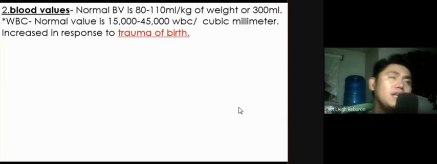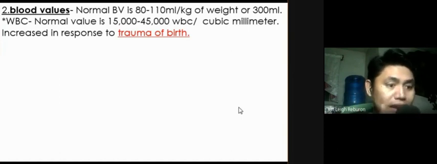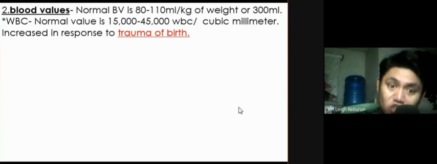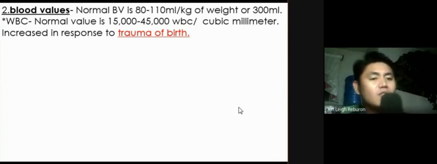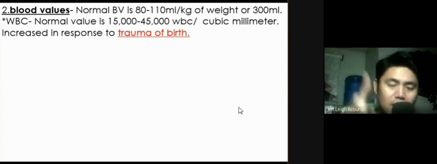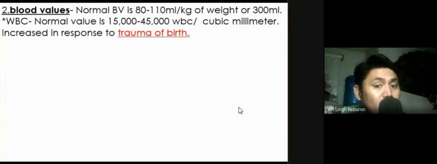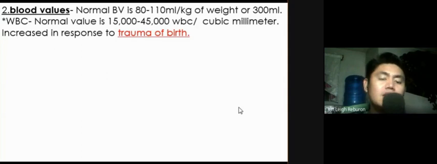Ngayon, we midwives and other health professionals find it difficult to differentiate kung bakit tumataas yung WBC. Remember that one cause of the increase of WBC is infection. Tumataas ang WBC pag may infection, tumataas din ang WBC because of trauma of birth. Now, what is the problem here?